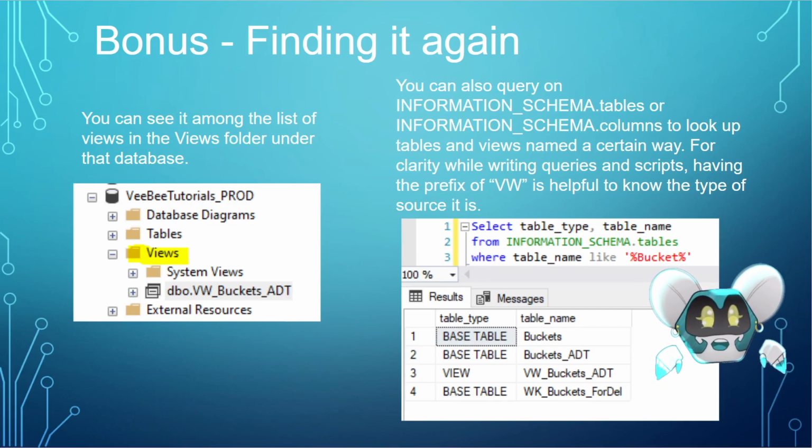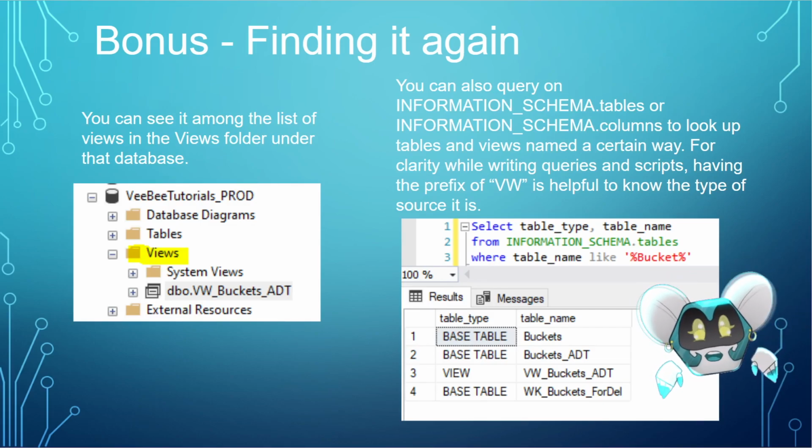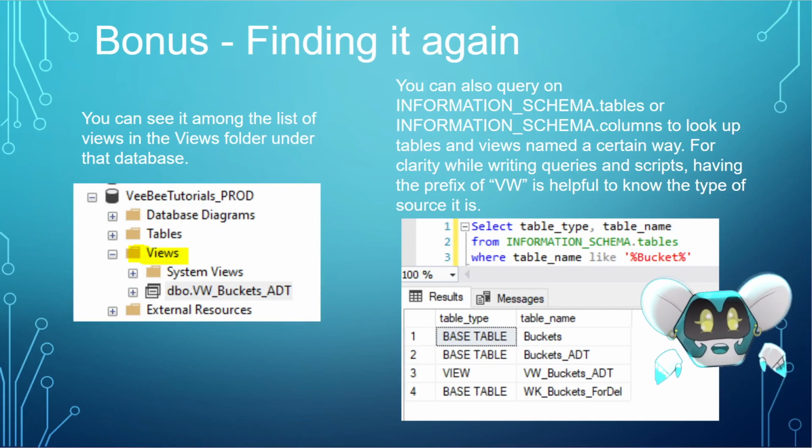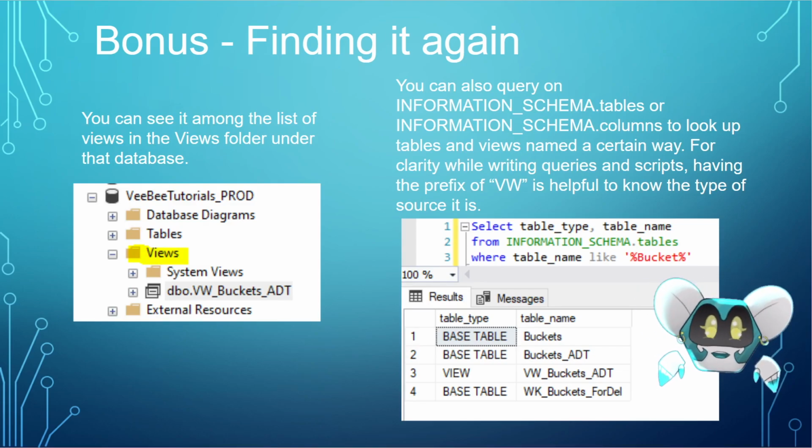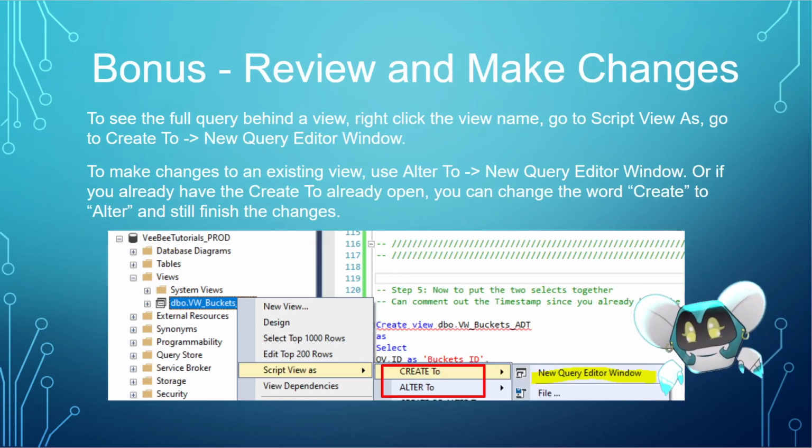Just search where the table name is like the column or view that you're looking for. And information schema does allow you to query on table type, so you can see what's a table and what's a view, if you did not include that VW prefix.